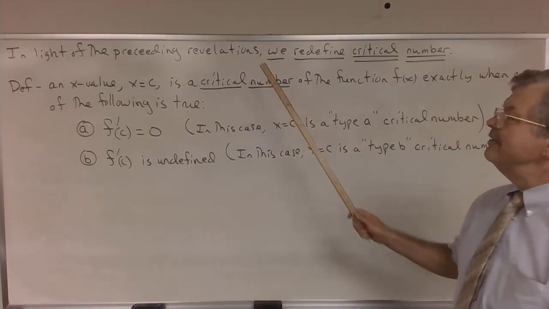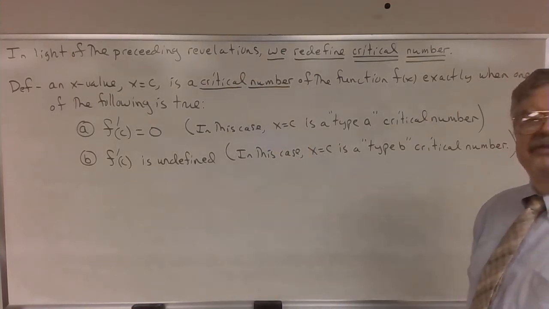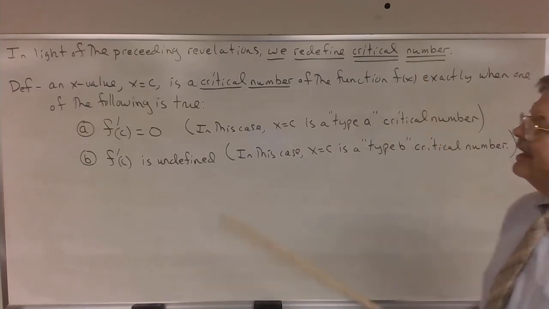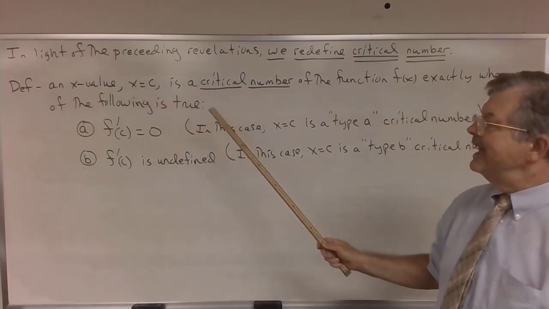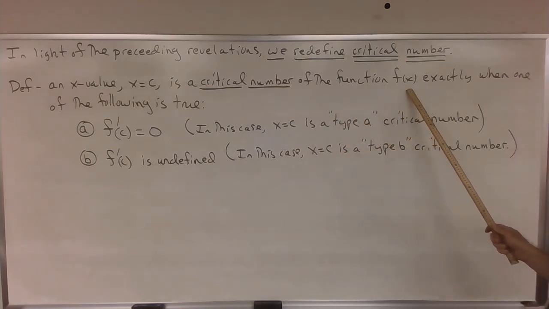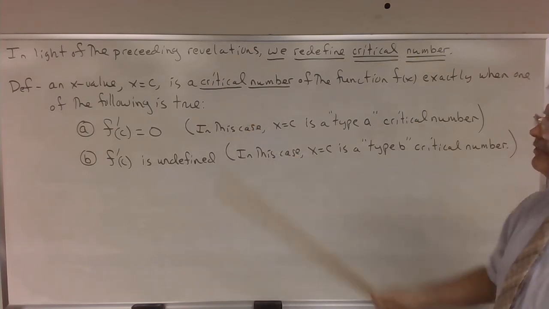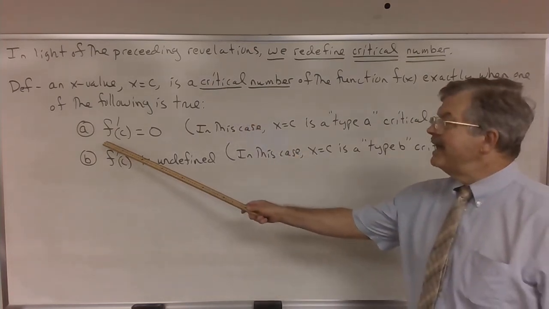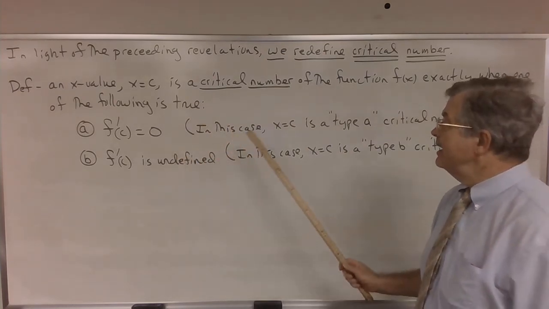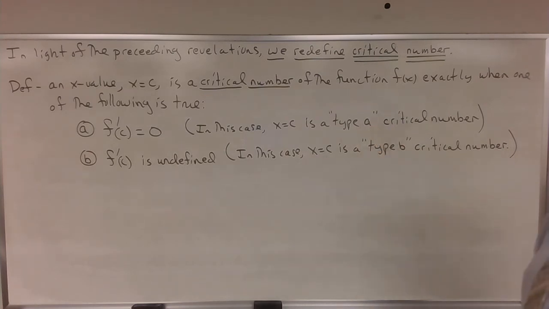Okay, here's our new definition of critical number. In light of preceding revelations, we redefine critical number. An x value, x equals c, is a critical number of the function f of x exactly when one of the following is true. A, f prime of c is 0, and in this case, x equals c is a type A critical number.